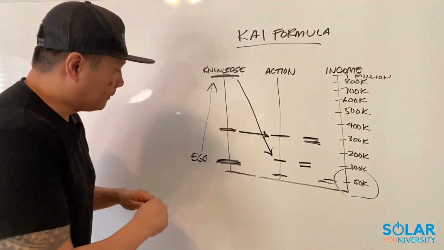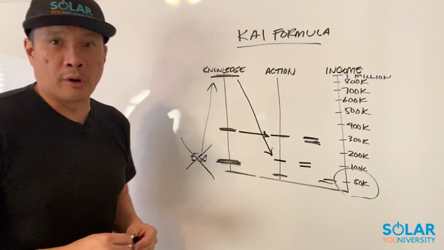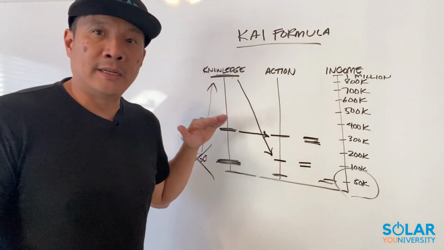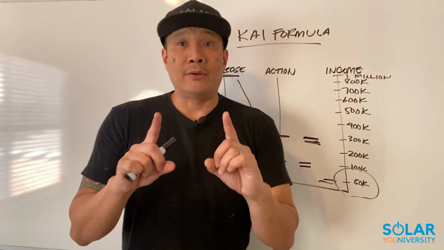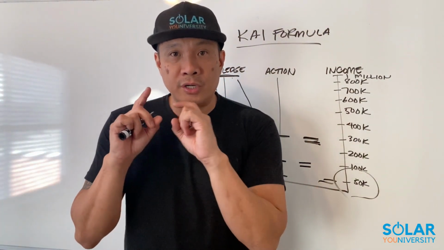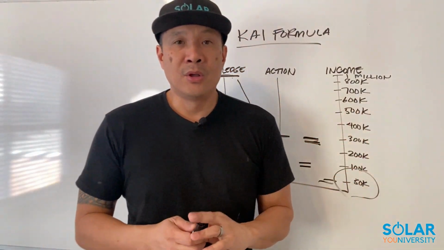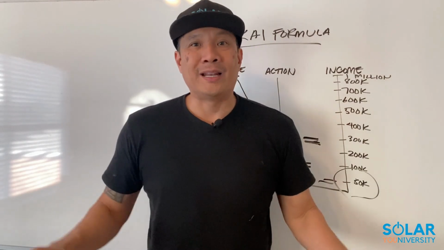So you have to leave this at the door and learn the strategies, and not only learn it, implement it, and I guarantee you, the more knowledge that you know and you implement, the more your income will grow. Hopefully that made sense.